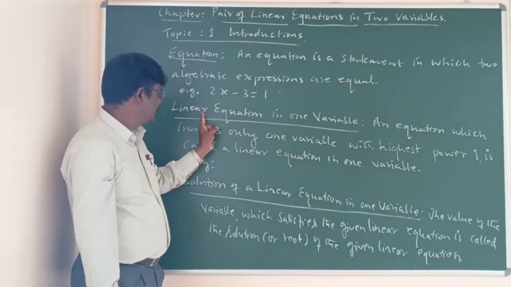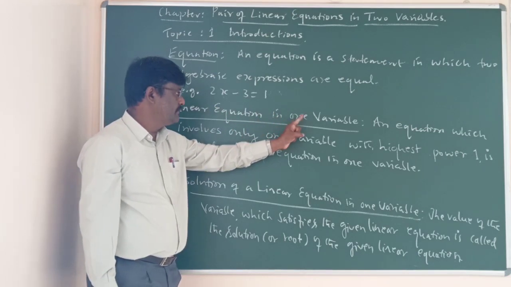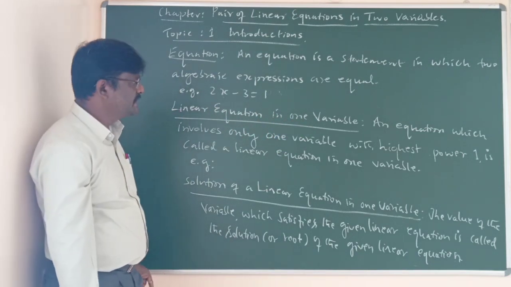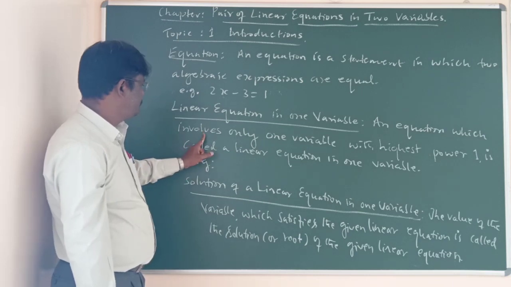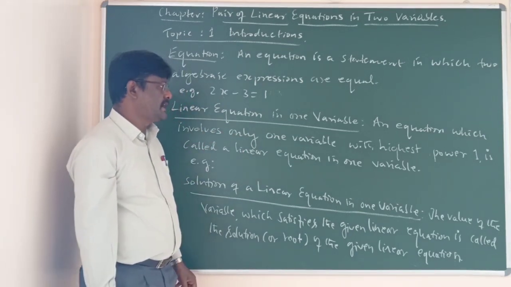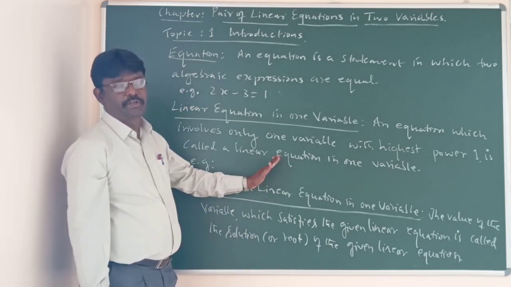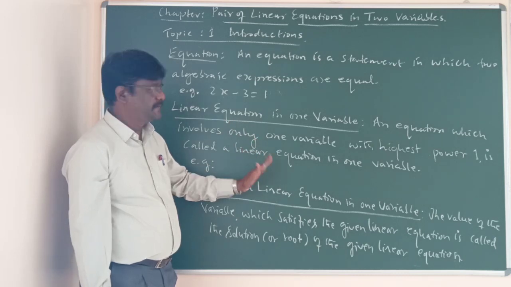Here the heading is very clear: linear equation in one variable. What is that? An equation which involves only one variable with the highest power 1. What do you mean by the highest power? Degree is 1.